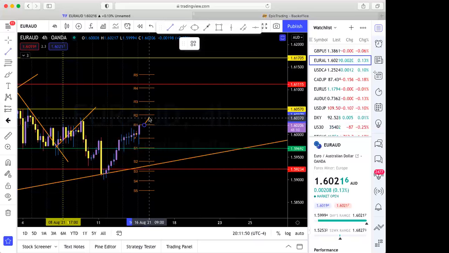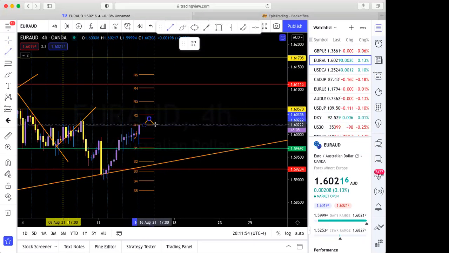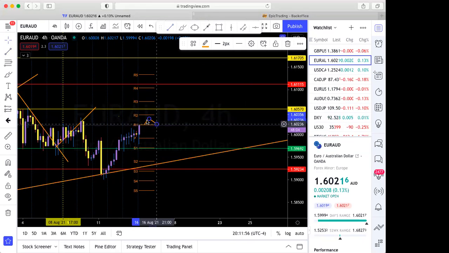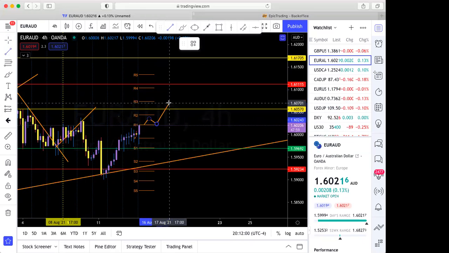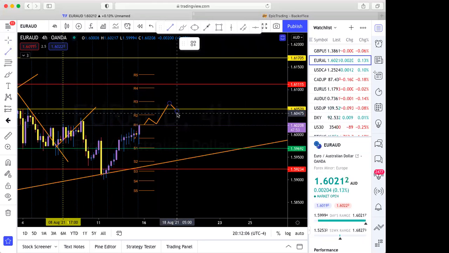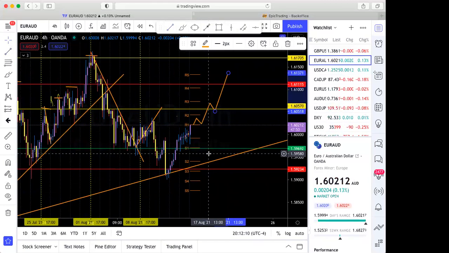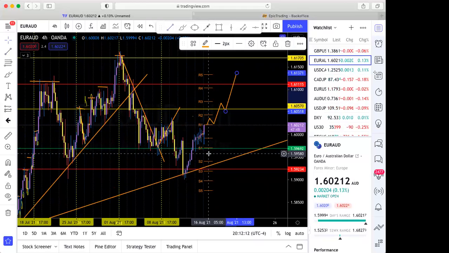Want to see it come through here. Maybe come back and retest. Keep going. Come back and retest. And go up there. It's possible, right?